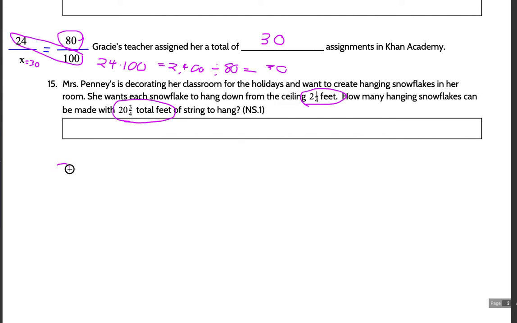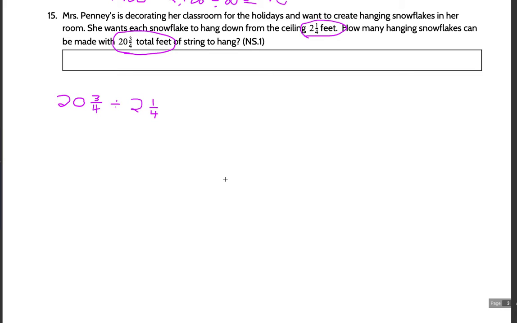So this would be 20 3/4 divided by 2 1/4. So remember, when you are dividing with fractions, the first thing that you want to do is just make everything an improper fraction.